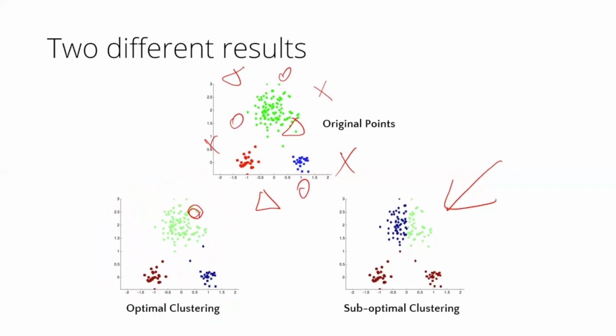And then from this individual point's perspective, it was once clustered with these members over here, but in the next clustering scenario, it has been clustered with these members. And then in the next scenario, it was clustered with these members. So statistically, we're going to have some sort of a distribution in terms of which members this individual point is clustered with, right?